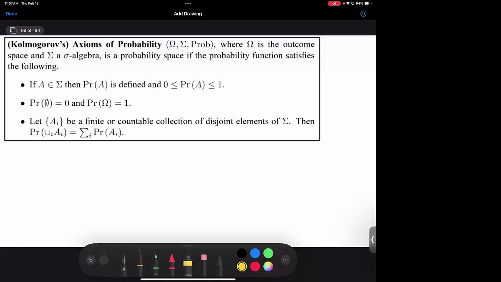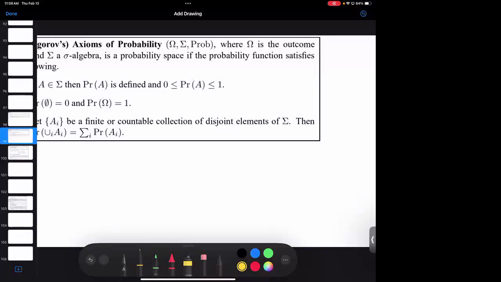The full set has probability 1. And if we have a finite or countable union of disjoint sets, then the probability of the union is the sum of the probabilities. So your wish list works so long as you look at a nice space with nice subsets. We're not going to specify in complete detail in this class what is a nice space. You'll know it when you hear it, okay? We will only look at stuff like that.